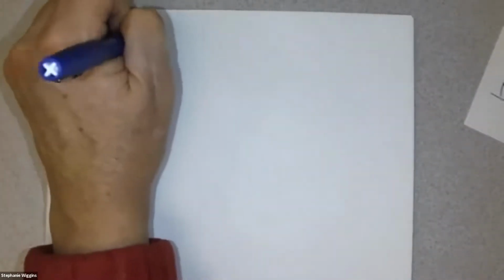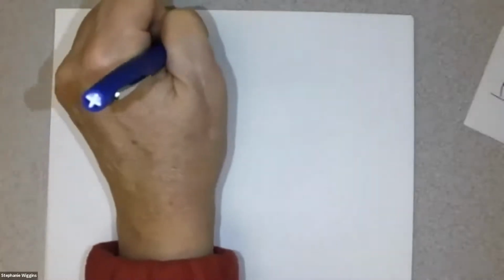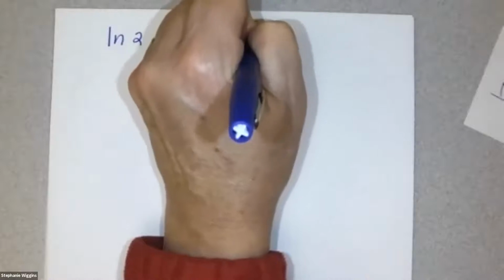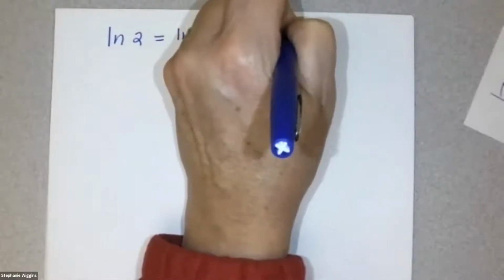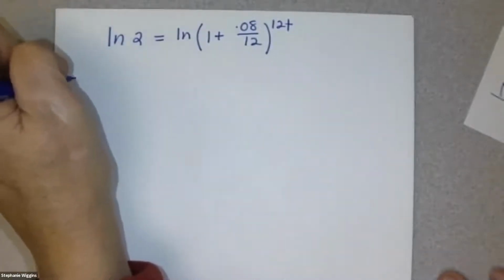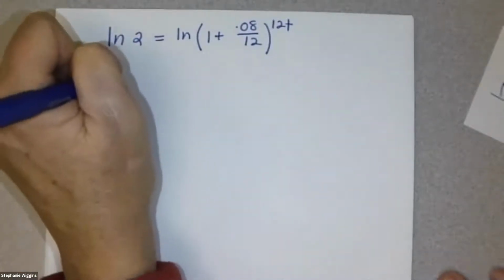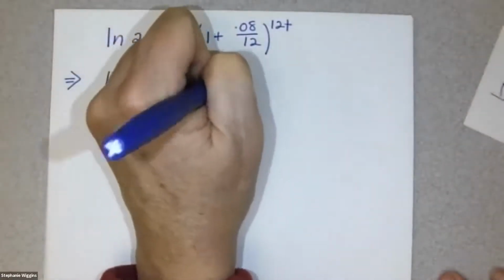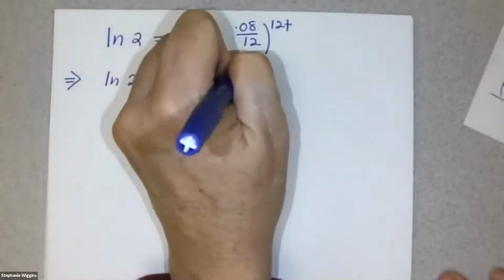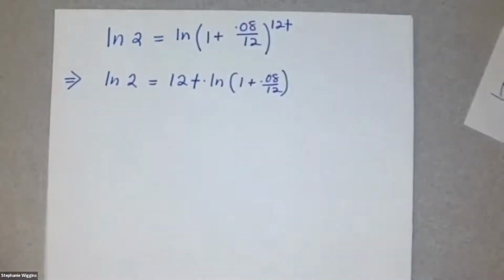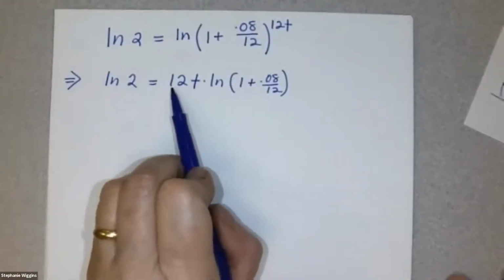Let me copy this. See how that works? This is the t, 12 times t.